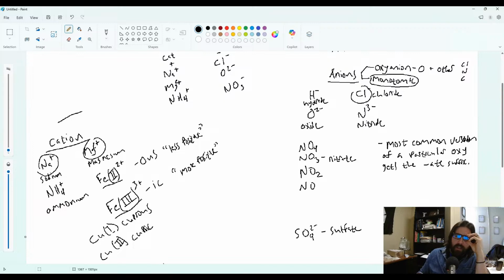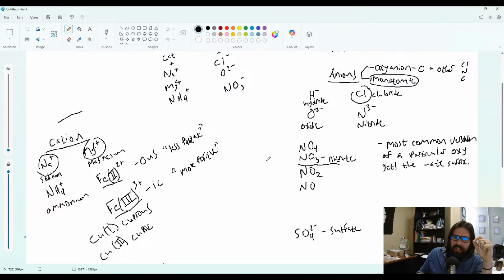Then you start adjusting how many oxygens are present in the oxyanion. So if NO3 is nitrate, you can have a version of nitrogen and oxygen where there's NO2, NO4, NO, right? And we start changing the suffix based off of where it is in relationship to the "ate" suffix.